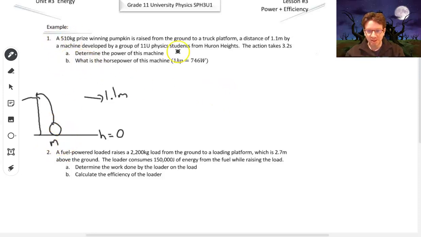Now it says determine the power of this machine. So we have a machine lifting this up that high. Well, power is change in energy over time. Now you have to look at this. What energy is being changed? Well, if we're lifting something, we're changing its gravitational potential energy.